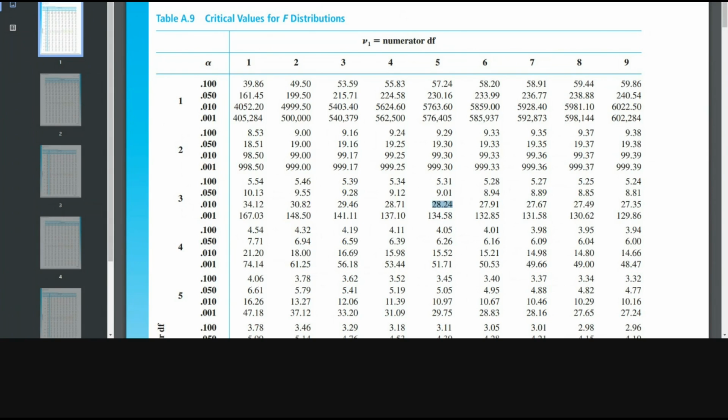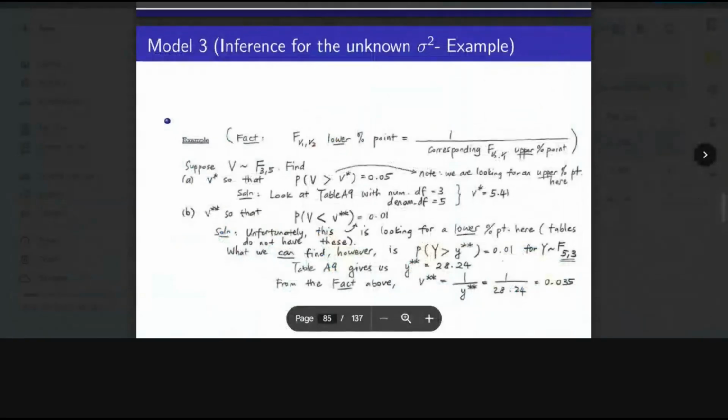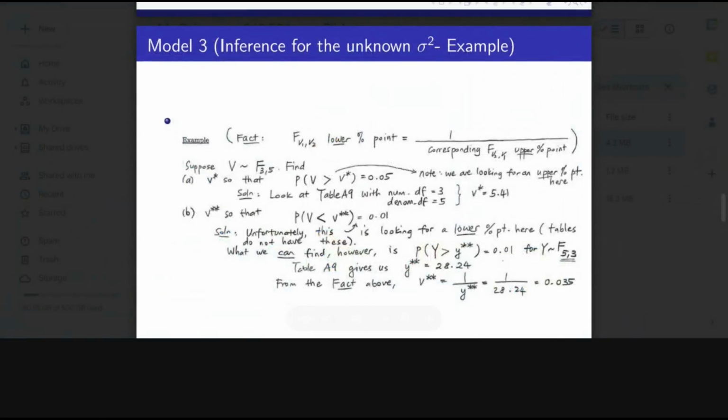This 28.24 is the value after which on the right side your area is 1%, which is the thing that you want because the 1% area to the right is equivalent to the 1% area on the left when you are looking at an F35. So in other words, F35 and F53 have reciprocal values for where the 1% area is.